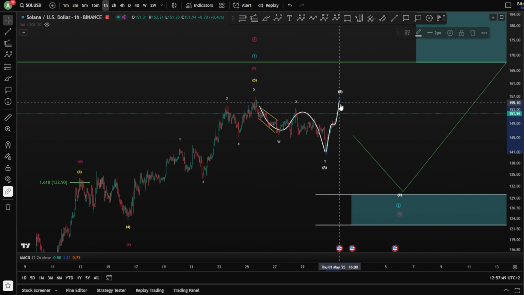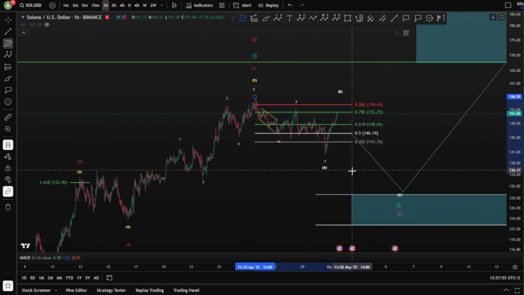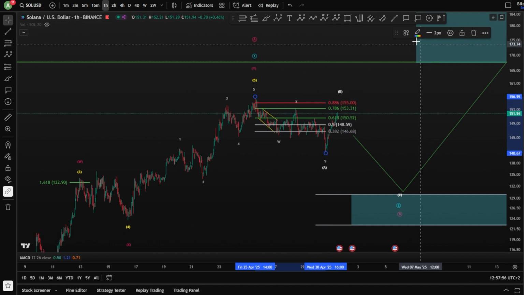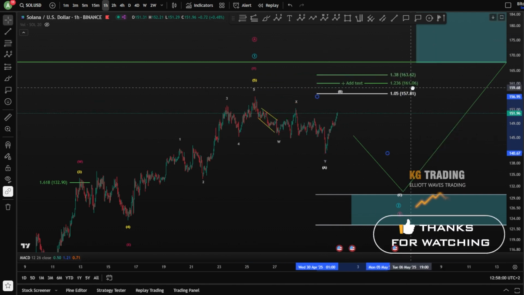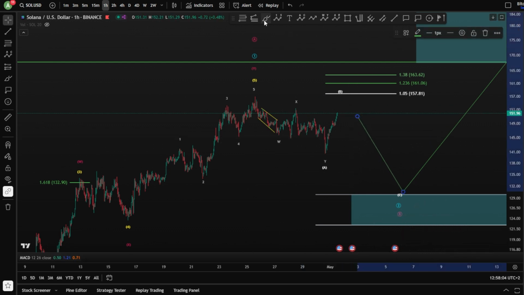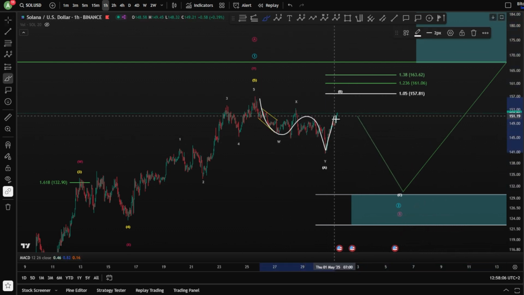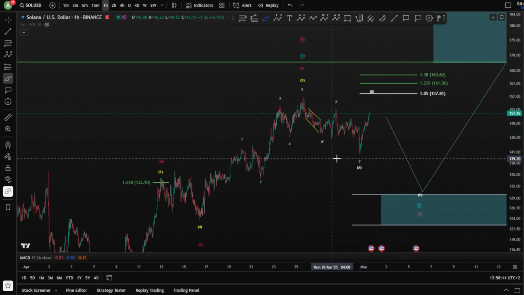But of course, we have to watch the fib levels for a wave B. Your fib levels for a wave B are the following. A wave B as an expanding flat can hit between this blue box, but it's not a sure possibility here. It's a scenario that it can be three waves up and then moving toward the downside.